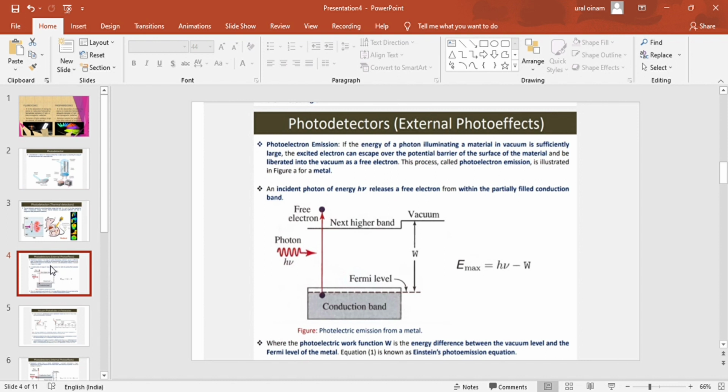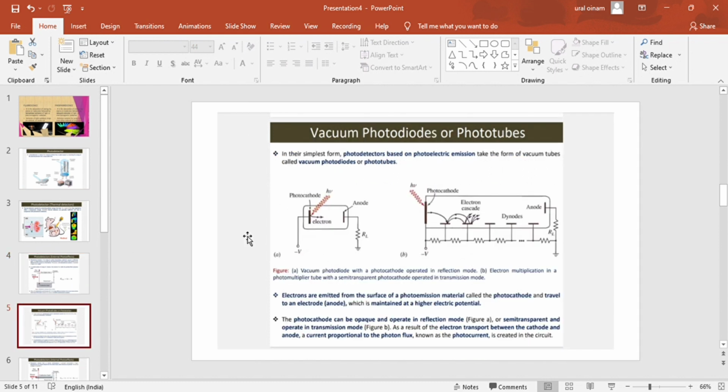One example of an external photodetector is the phototube, or the vacuum photodiode. In this case, we have a setup with a glass tube and two electrodes, and when we apply an electric field onto it, nothing happens.